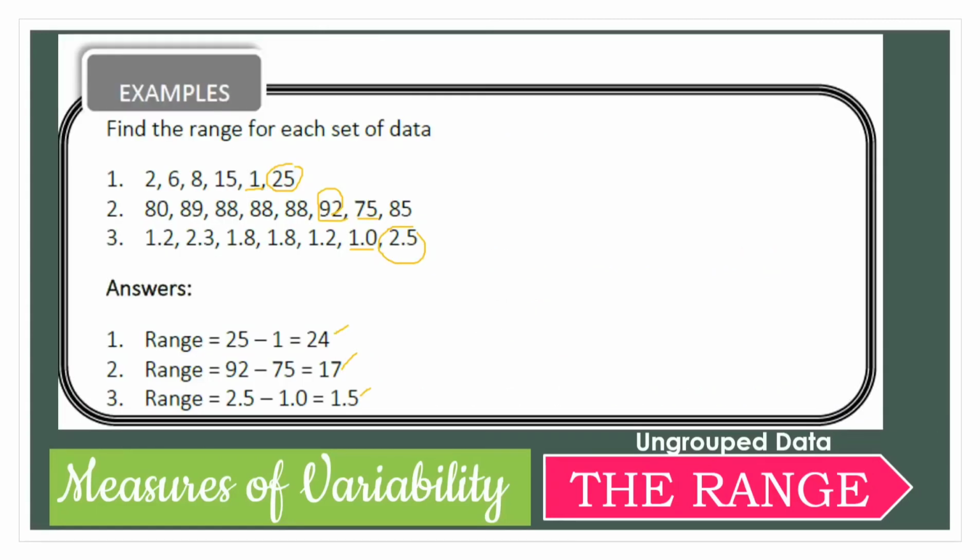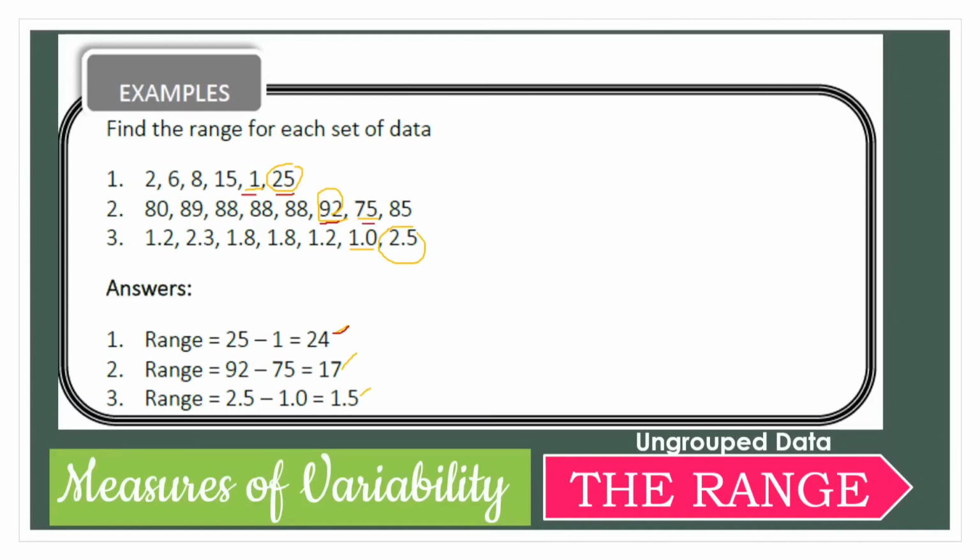And we have here more examples, but the answer is already given. For number 1, 25 is the largest number and 1 is the lowest number, and 25 minus 1 is equal to 24. For number 2, the largest number is 92 and the lowest number is 75.